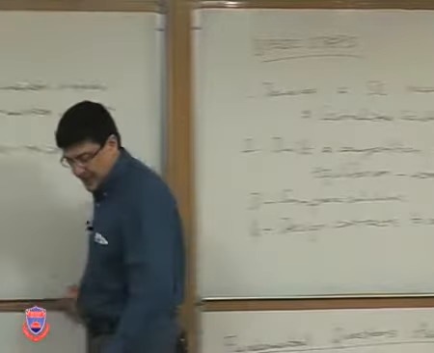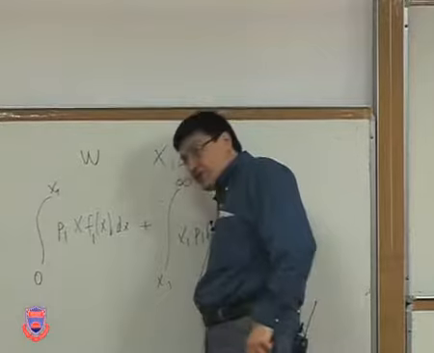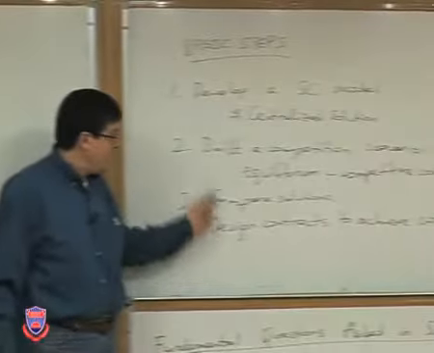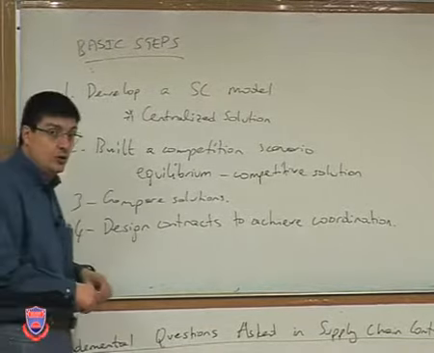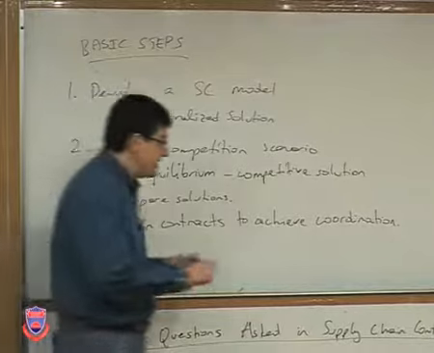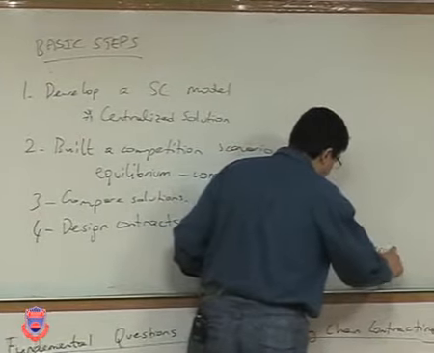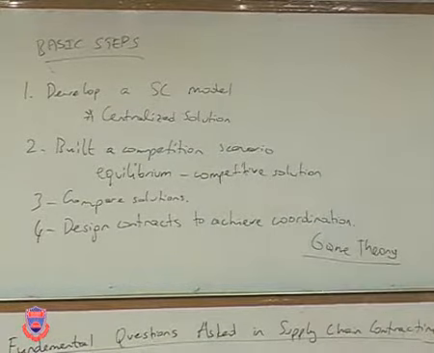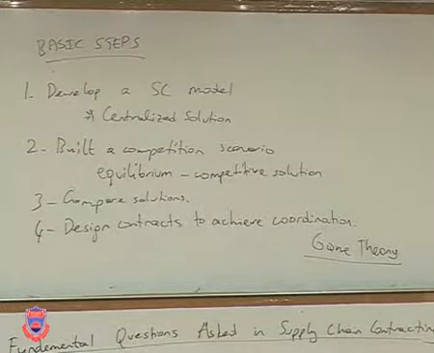Okay. Now, of course, the 4th step and the 2nd step, and even like the third step, the basic tool that we use in OR is game theory. So this is the basic tool which is used. Now, game theory has been known since the 1920s, and there has been a lot of work on game theory.